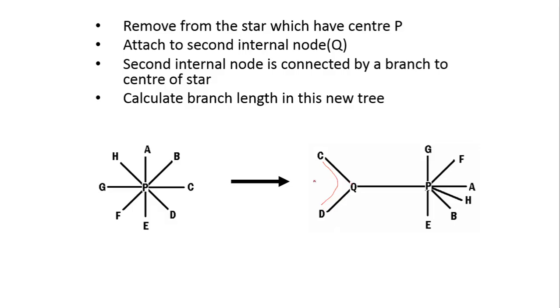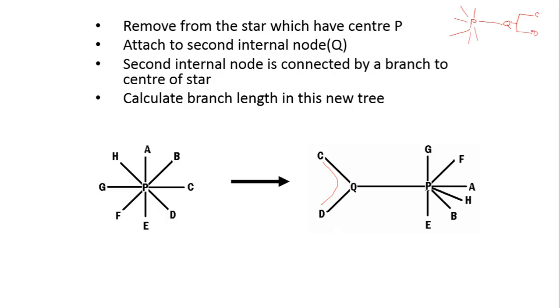So randomly we select C and D, and calculate the branch length. We have this Q, and we have now randomly selected C and D. We have added them to Q, and this Q is again connected to the center of your star where the other sequences are, right?